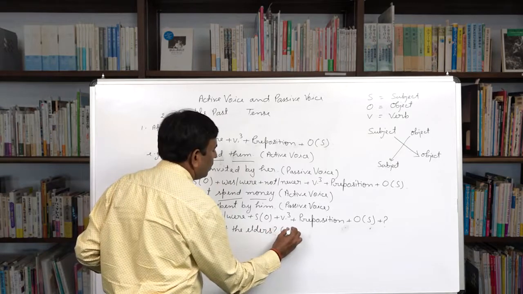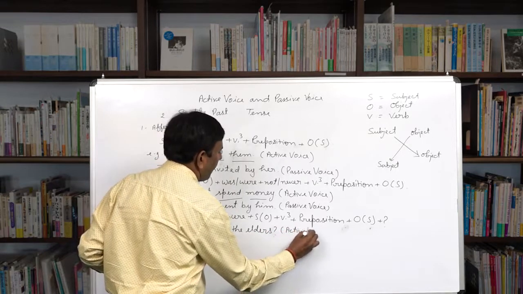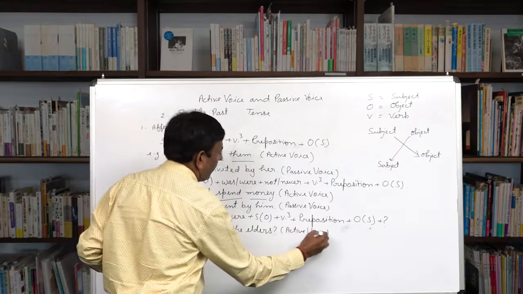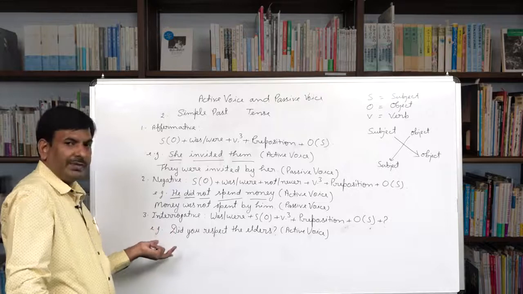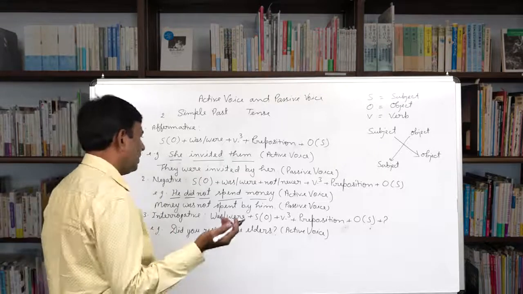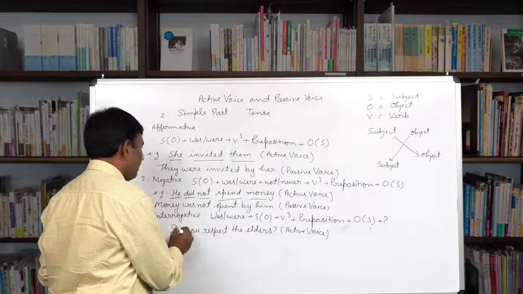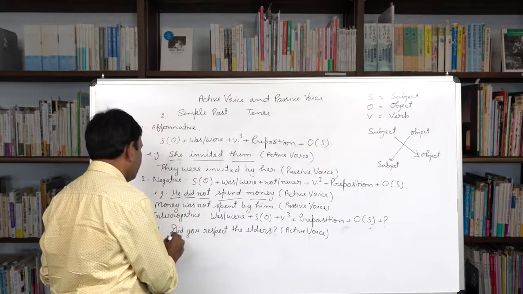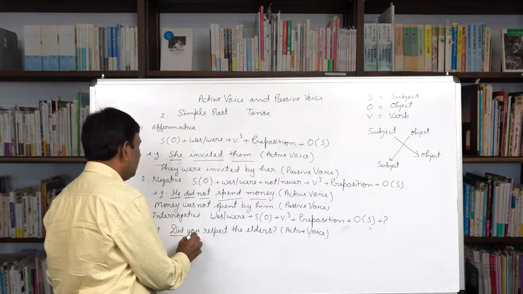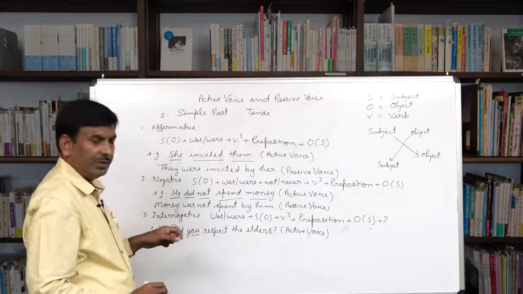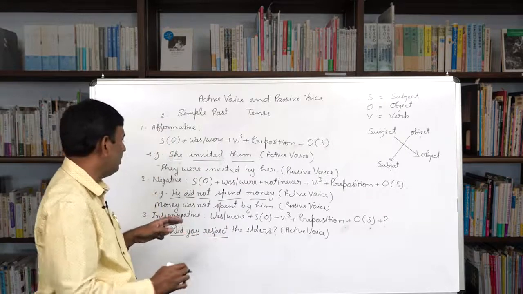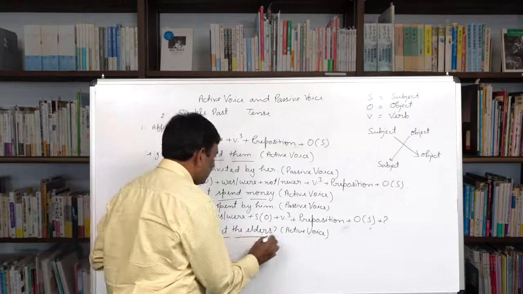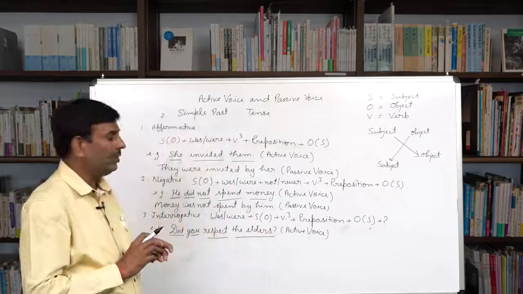This is an active voice. Dear students, if you classify this sentence, you can get to know different parts of the sentence. First, this is helping verb. You, this is subject. Respect, this is first form of the main verb. The elders, this part is known as an object.